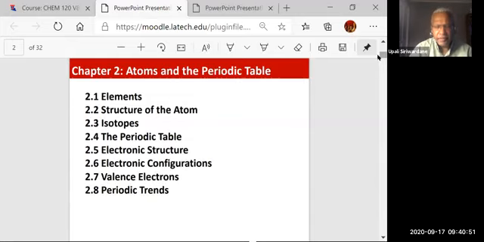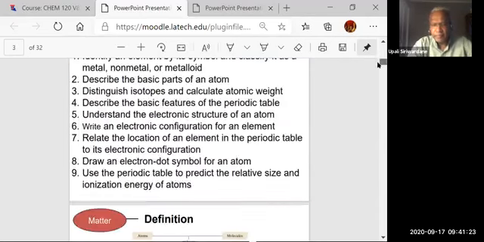What matters in atomic structure is valence electrons, the outermost electrons. They are the ones that make atoms react the way they do. For example, alkali metals have one valence electron. They all react with water to various degrees. Reactivity increases going down the group. And we're going to look at the periodic trends.